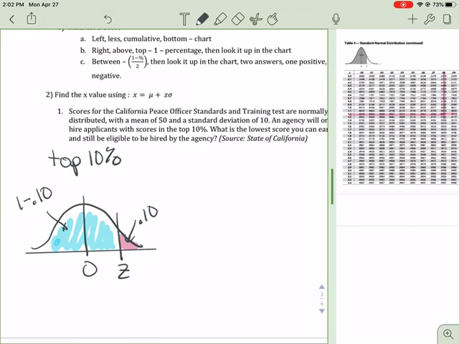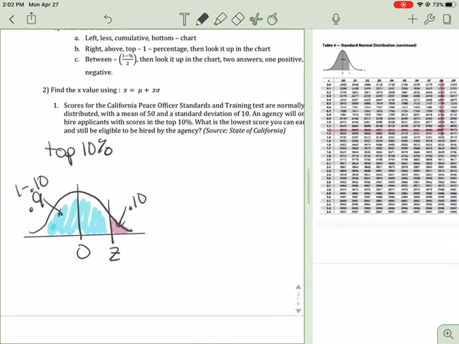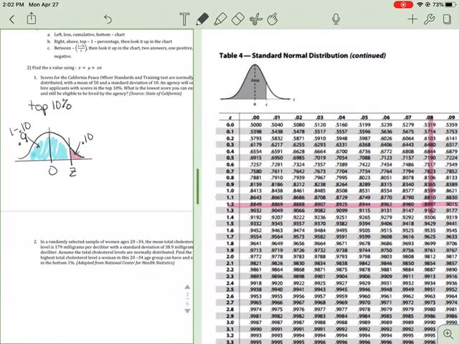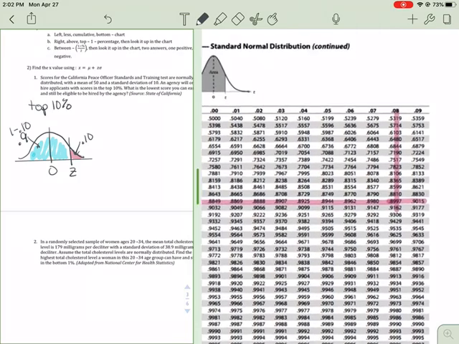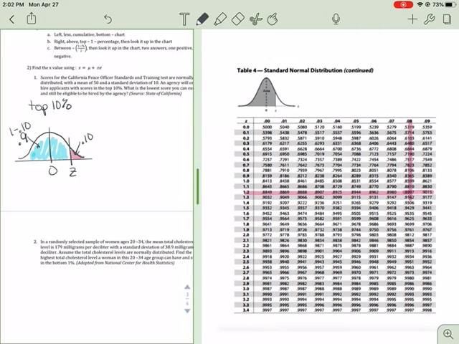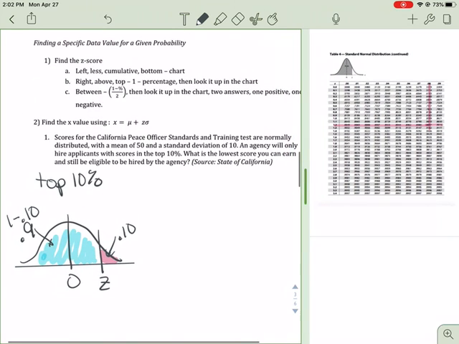So this is going to be 1 minus 0.10, or 0.9. So again, we're going to look up 0.9 in our chart, which we did earlier. So 1.28. Okay, so our z is positive 1.28.